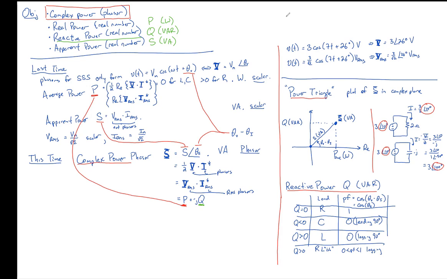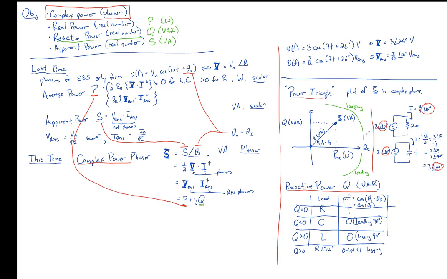In every region in this quadrant, it is lagging because our Q is positive, and every region down here would be leading.